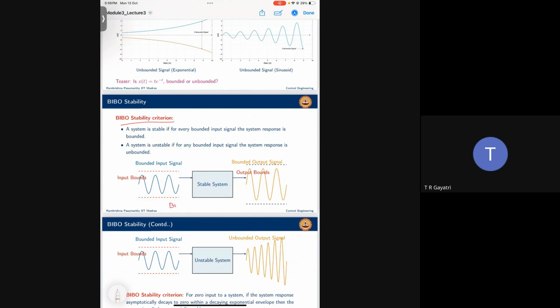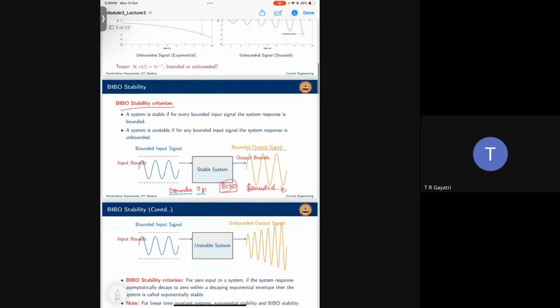Whenever I give a bounded input to my system and get a bounded output, I can say my system is BIBO stable, bounded input, bounded output. That's it. If the input you are giving is itself unbounded, there is no point in learning what the output of the system is, right? That's the nuance behind this.